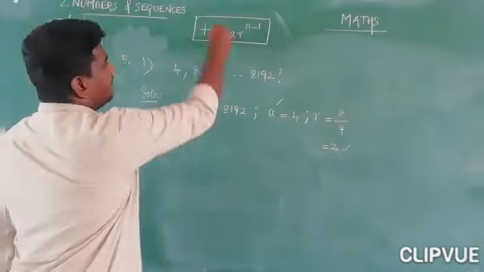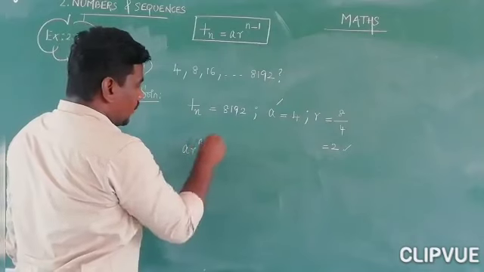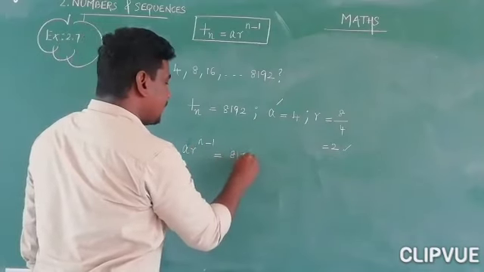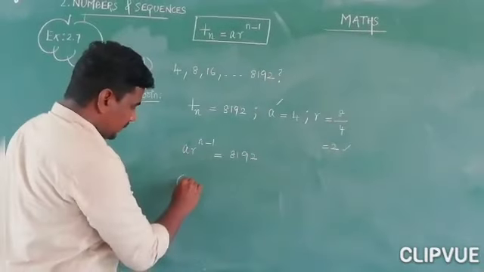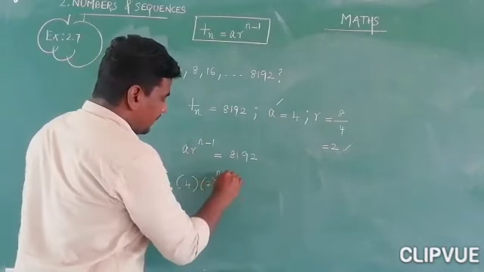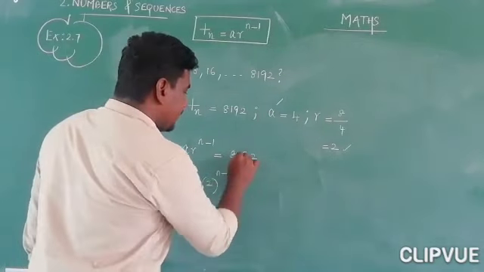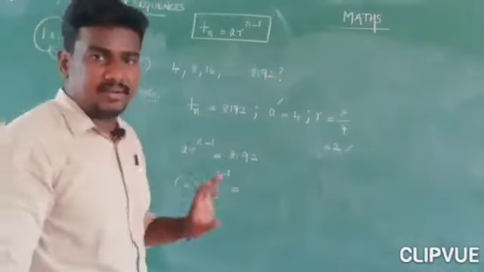So what is Tn? Tn formula is a r power n minus 1, which is equal to 8192. Okay, so a value is 4 and r value is 2, whole power n minus 1 is equal to 8192. I am going to find the prime factors of 8192.